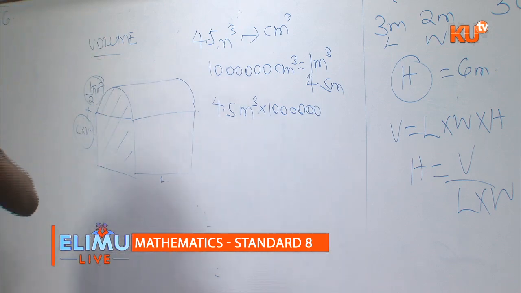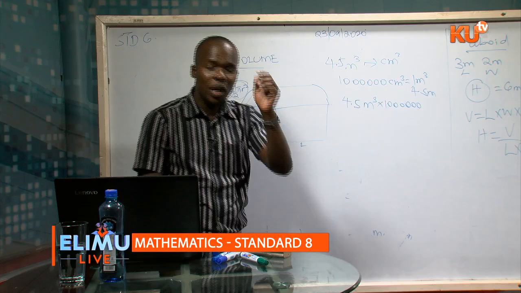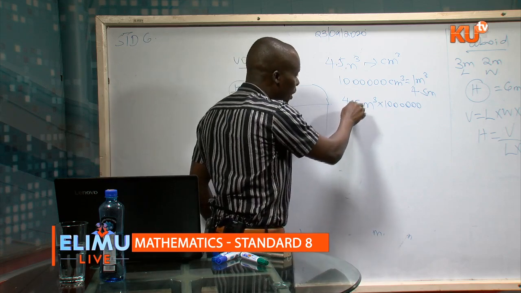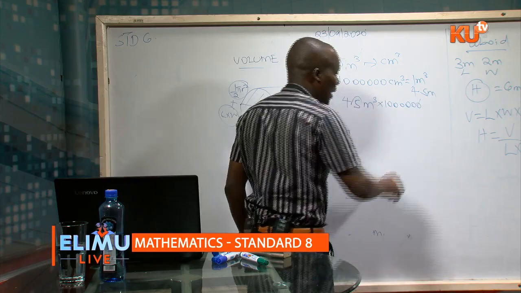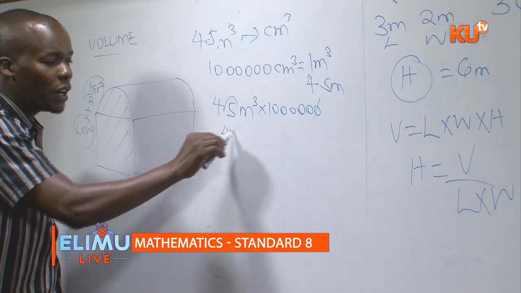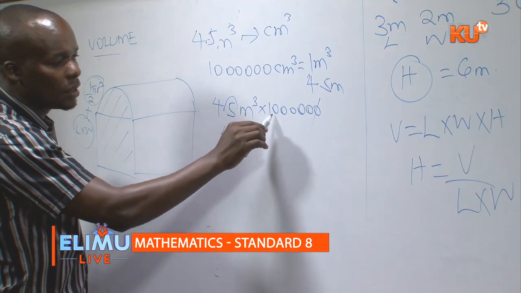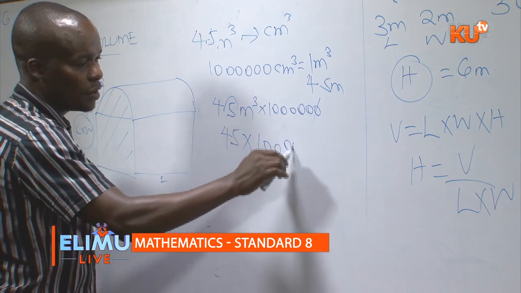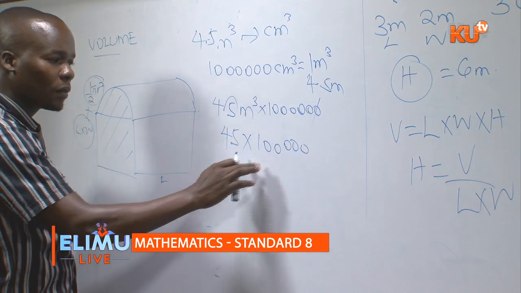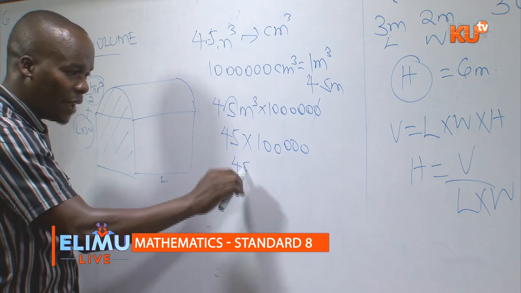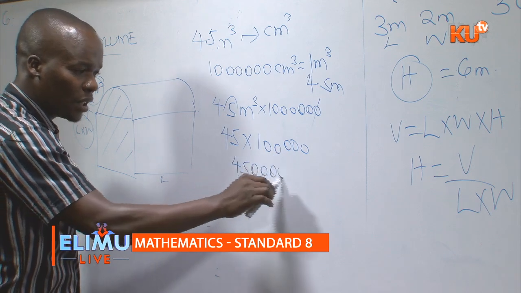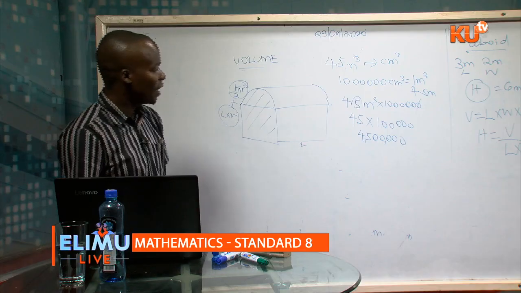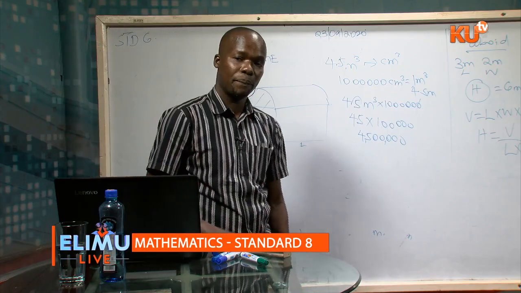And I told you earlier that one decimal place will go with one 0. So you only have 1, it will go there, and one 0 will die. So we'll only have 45 times 10, 1, 2, 3, 4, 5. So, yeah, 45, then 5 zeros. So we have 4,500,000 cubic centimeters.